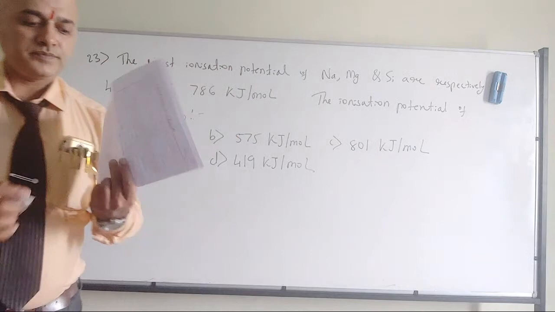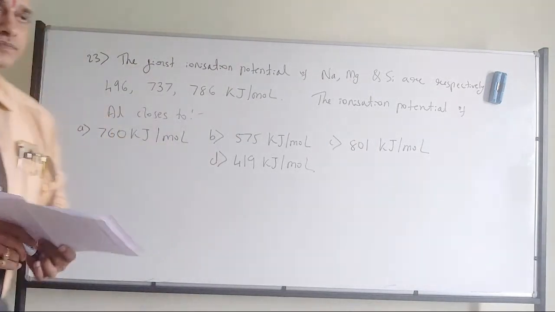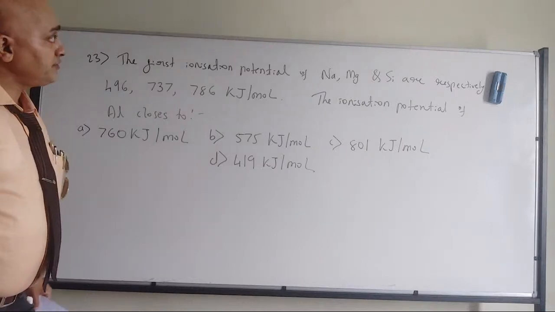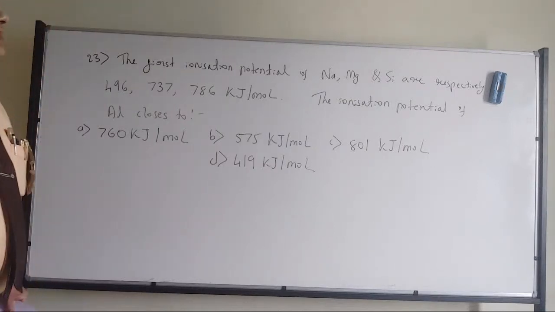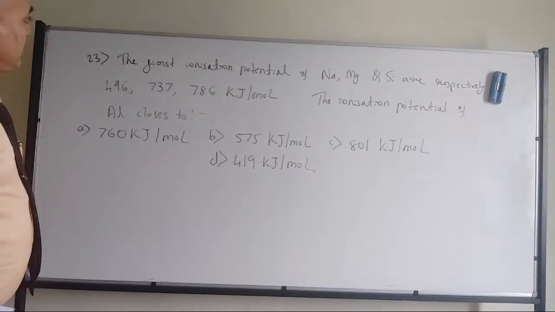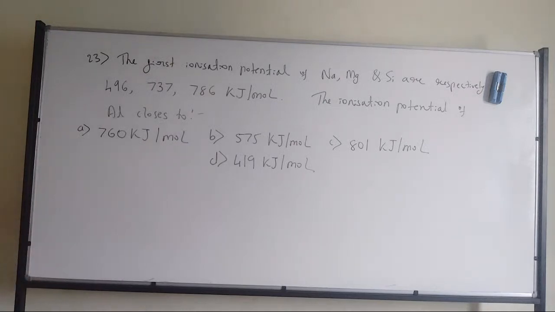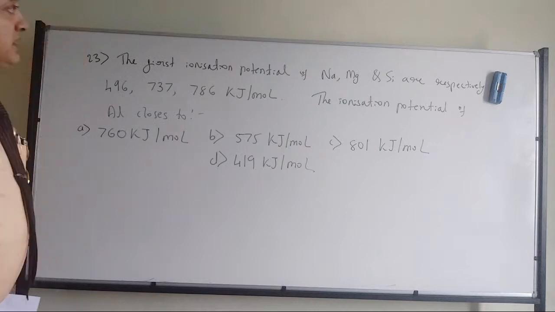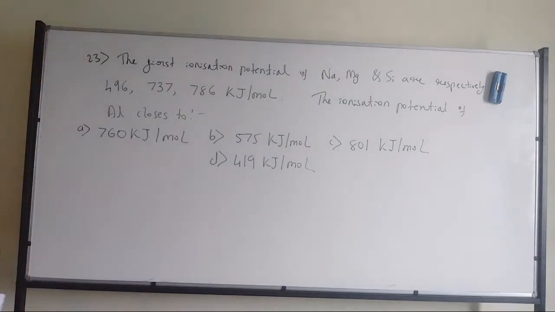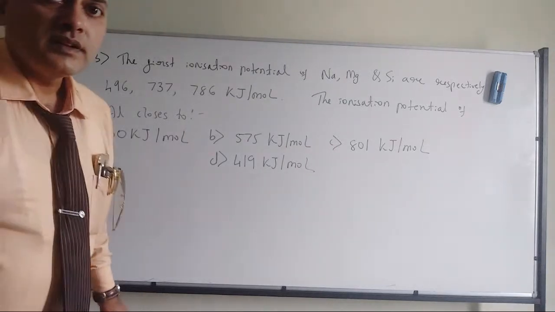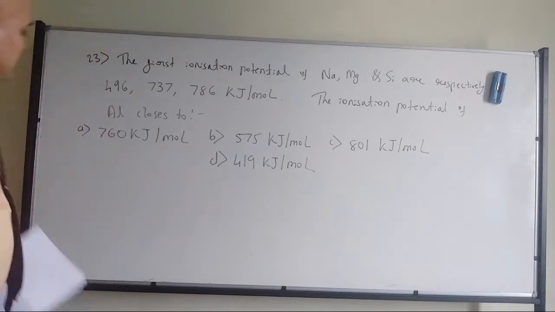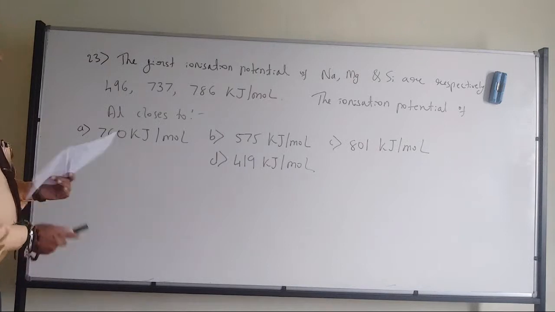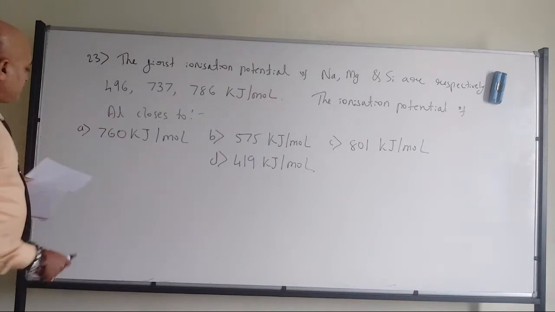Okay. Can anyone answer? The first ionization potential of sodium, magnesium and silicon are respectively 496, 737, 786 kilojoules per mole. The ionization potential of aluminium is closest to. Some of you have written option A. Right? Now we will see.